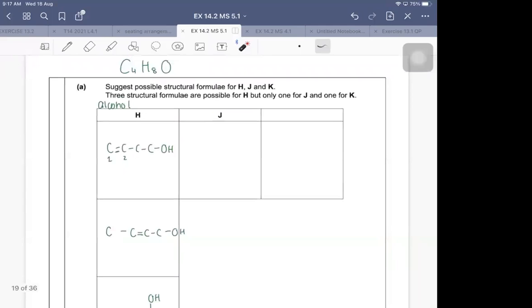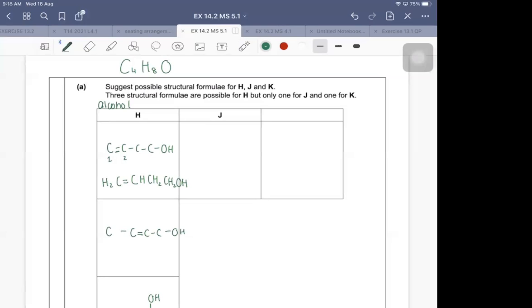It says to write down the structural formula. Okay, so structural formula should look like this. For example, H2C=CH-CH2-CH2OH. Okay, so all your bonds will be hidden except for that double bond because it is a functional group.